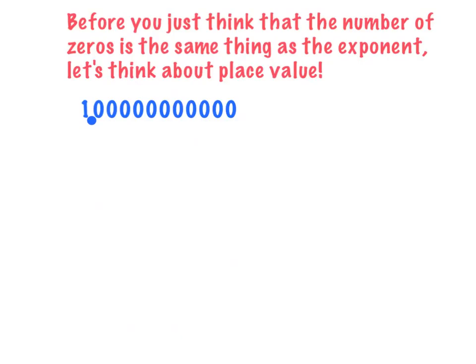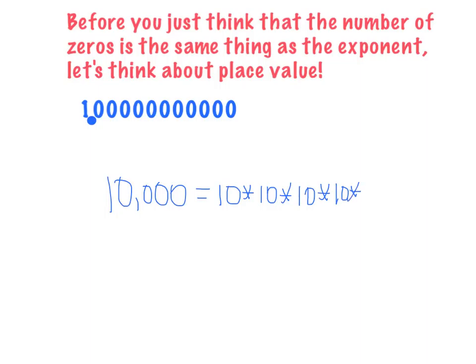So let's think back to the number 10,000. And we knew that that was 10 times 10 times 10 times 10 times 10, which was the same thing as 10 to the 5th power.